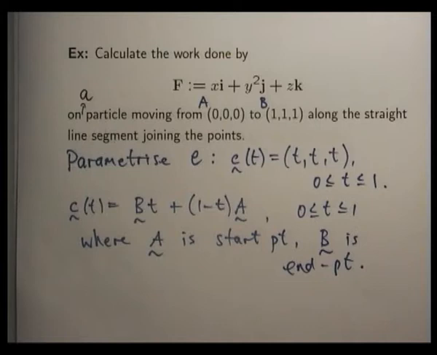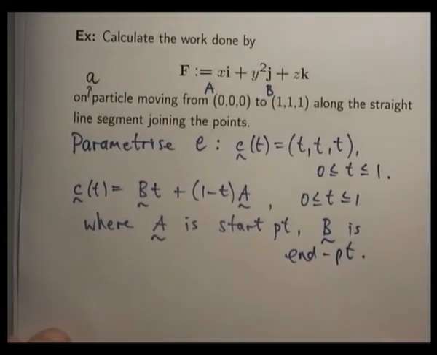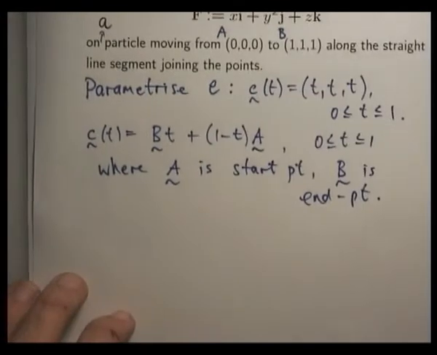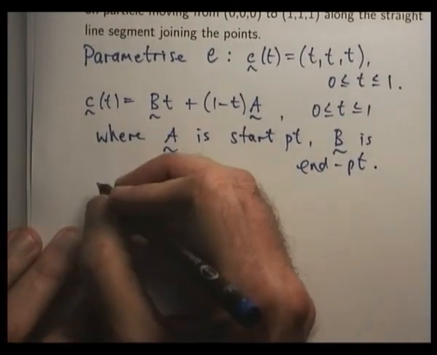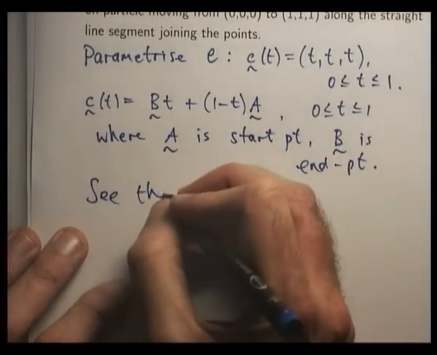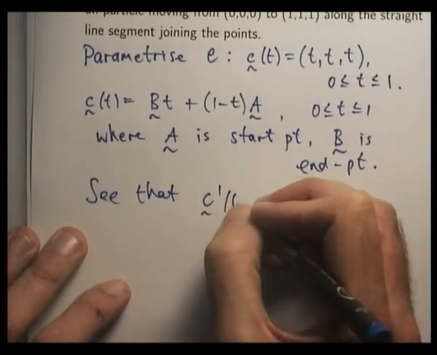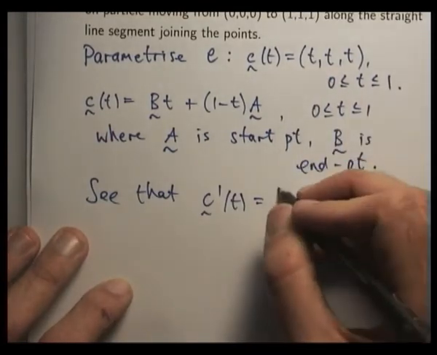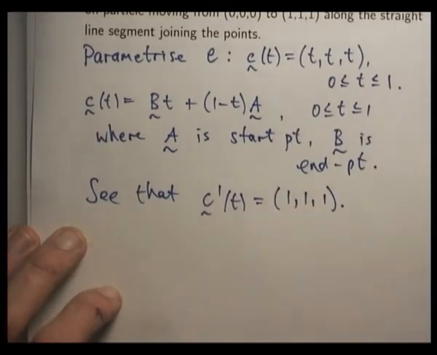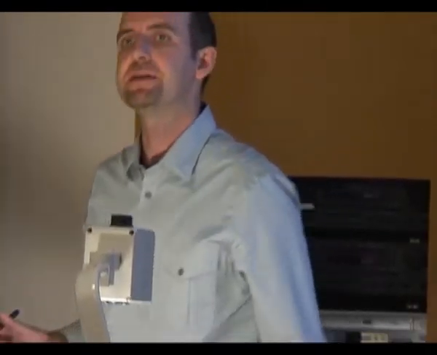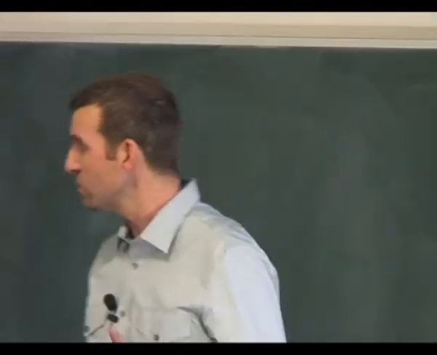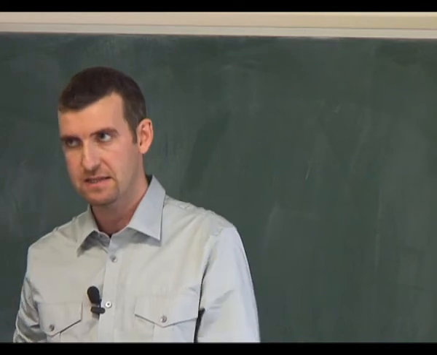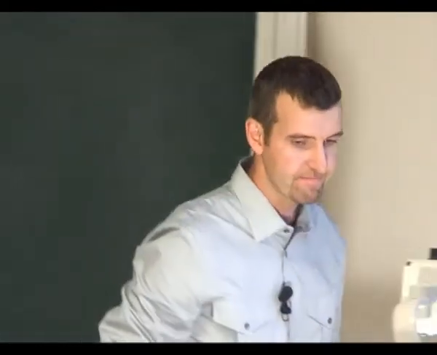Now, the next step we need to do is calculate the derivative of our parameterization. So in this case, we differentiate in a component-wise fashion, and we actually get a constant vector. Now, in general, this will not necessarily be a constant vector, but it's just nice for this example.